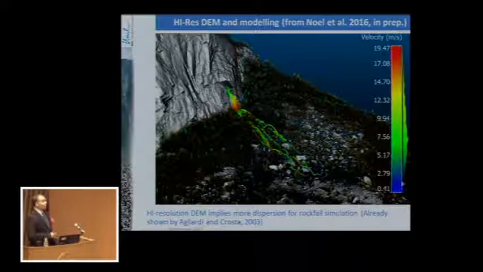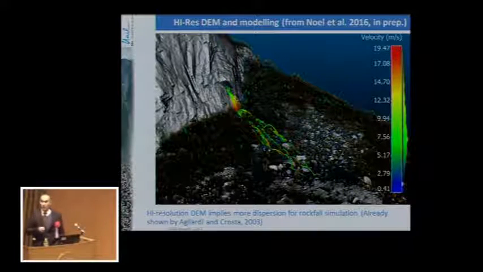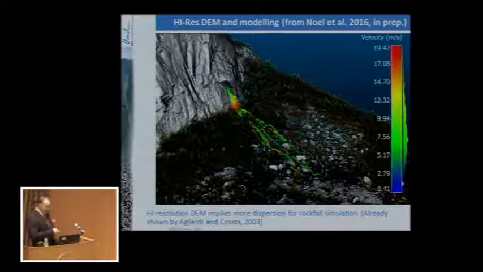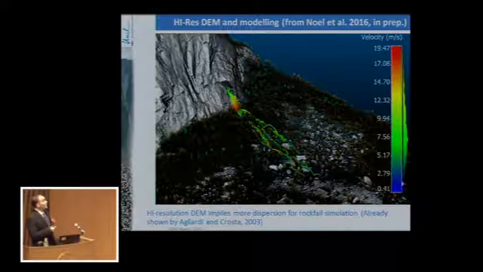I will not enter into detail about what you can do on the modeling. It would be a conference in itself, but I will just show you the improvement of these types of data. For instance, here you have a simulation. It's a new PhD student working with us, coming from Quebec. It's a slope in Quebec, a rock face, where you see also the trees.